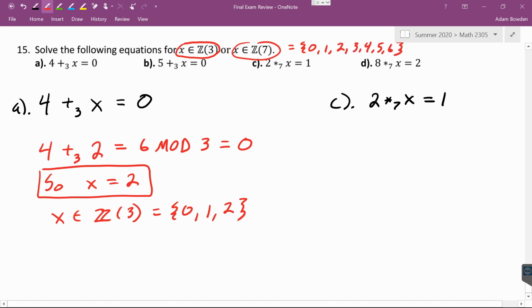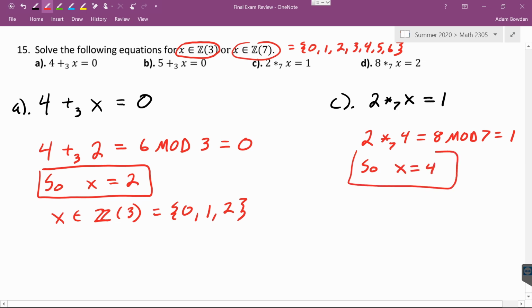Okay, and so we look here, which one of those numbers, when you multiply it with 2 and take mod 7, would equal to 1? In this case, if we take 2 times 4, that's 8. And if we do mod 7, that should be 1. 8 mod 7 equal to 1. So that tells us that in this case, x is equal to 4.